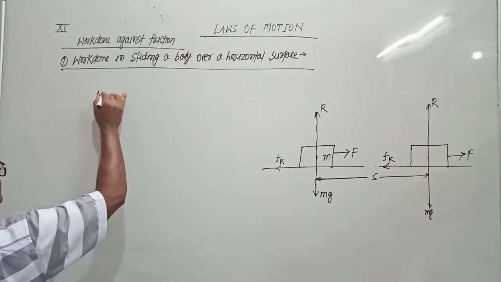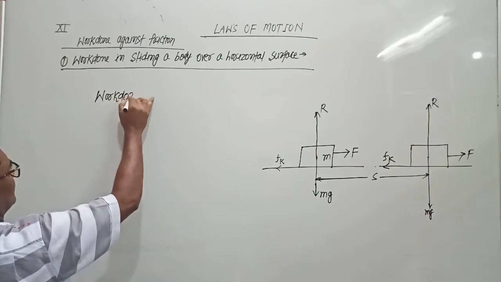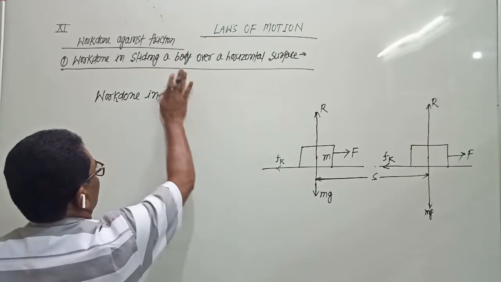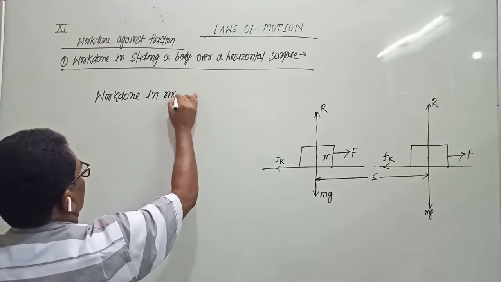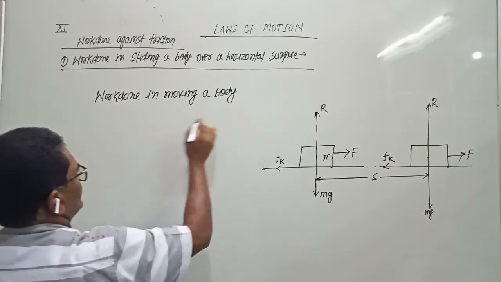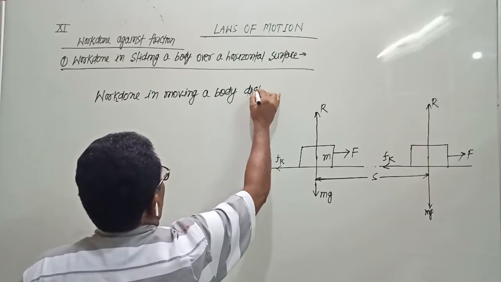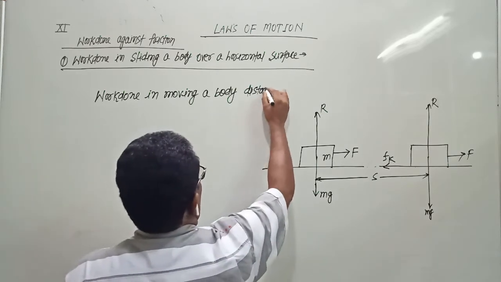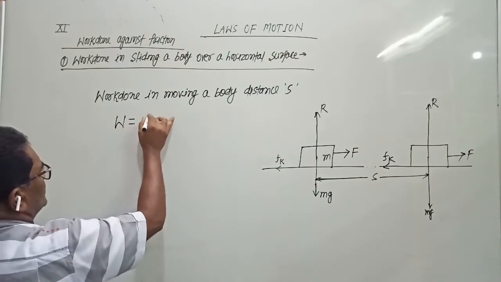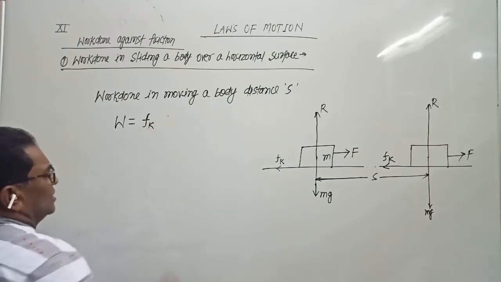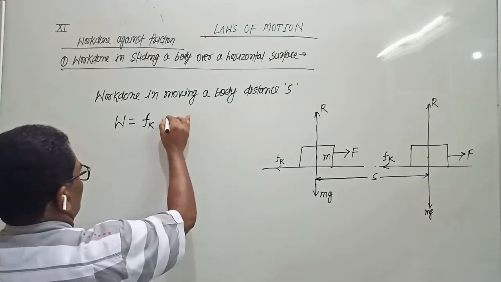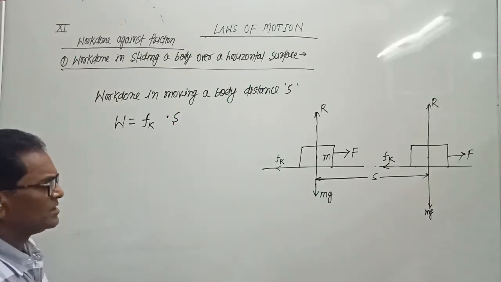So work done equals force into displacement, and force means frictional force, because work is done due to the force of friction. So Fk into S.